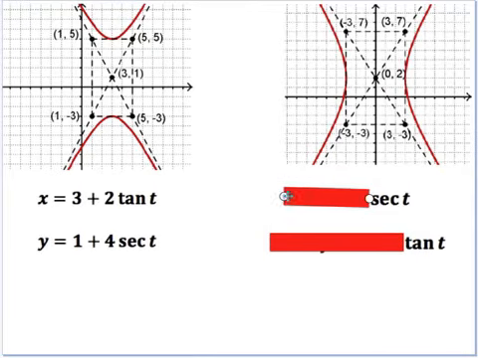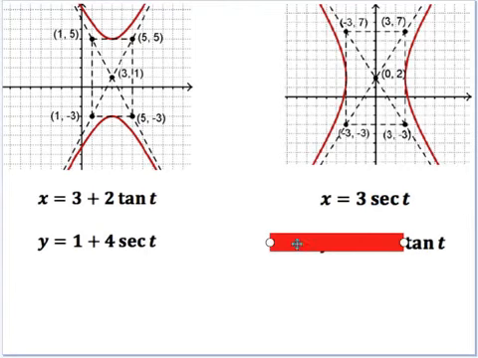All right, so let's see what the rest of our x formula is. For horizontally, my center is just going to be 0. So I'm not going to add anything to this secant t. But my radius is 1, 2, 3 units over. So it's going to be 3 times secant t.